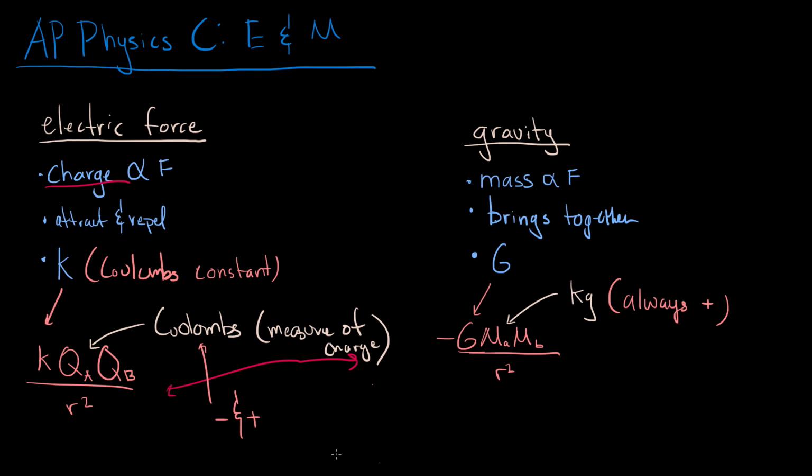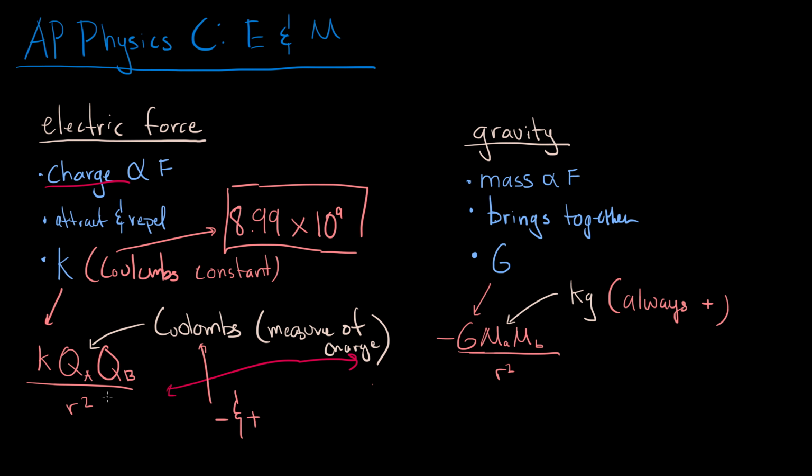And so what you'll see is that if you were to evaluate this equation, one charge is negative, one charge is positive, then the final result will be negative, because Coulomb's constant is something like 8.99 times 10 to the ninth or something like that. You'll most likely get this on a test. You generally won't have to memorize this, but you might. And this is a positive number, of course.